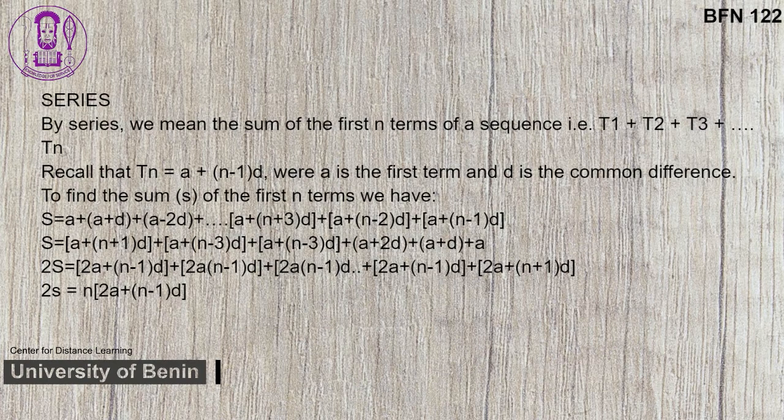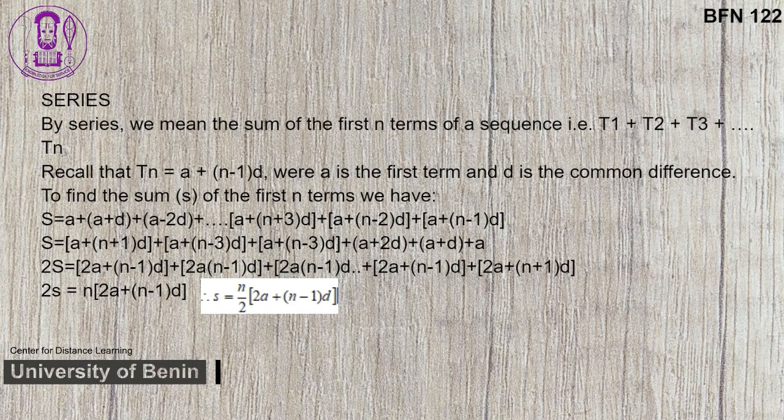To find the sum, S, of the first n terms we have S equals A plus (A plus D) plus (A plus 2D) plus ... plus (A plus (n - 2)D) plus (A plus (n - 1)D). Writing this in reverse order, S equals (A plus (n - 1)D) plus (A plus (n - 2)D) plus ... plus (A plus 2D) plus (A plus D) plus A. Adding the two, 2S equals (2A plus (n - 1)D) plus (2A plus (n - 1)D) plus ... plus (2A plus (n - 1)D).